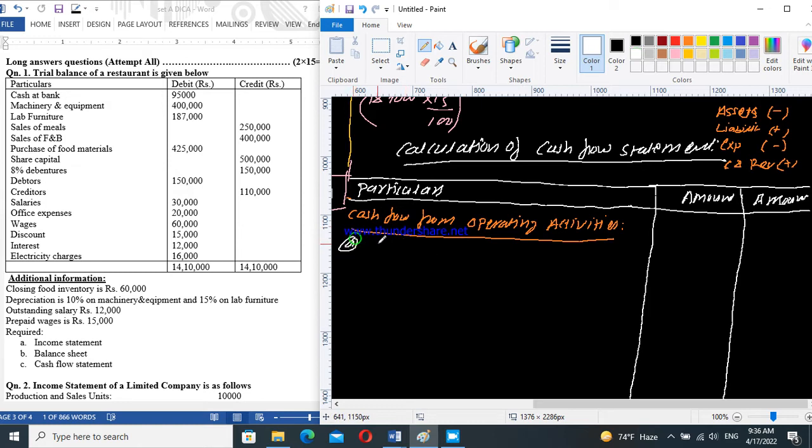A, cash collection from consumers: sales revenue, sales of meals, sales of F&B, we can collect the cash.